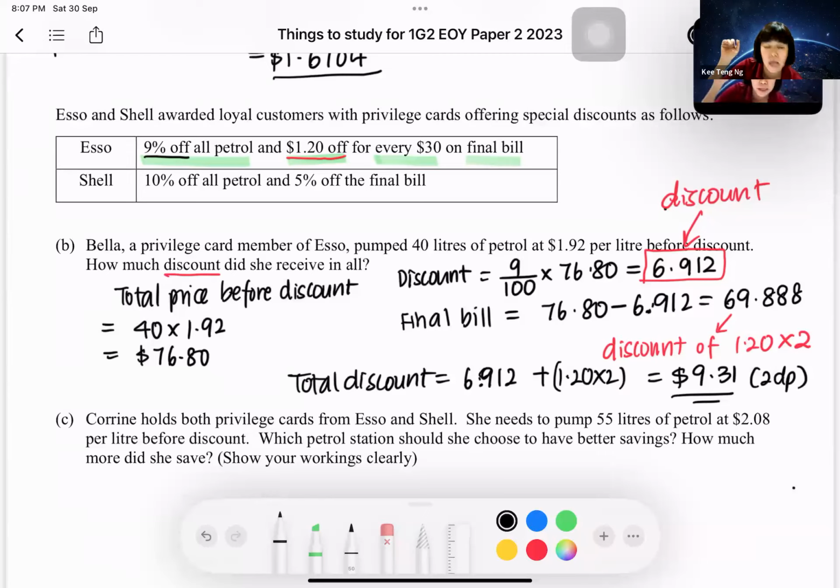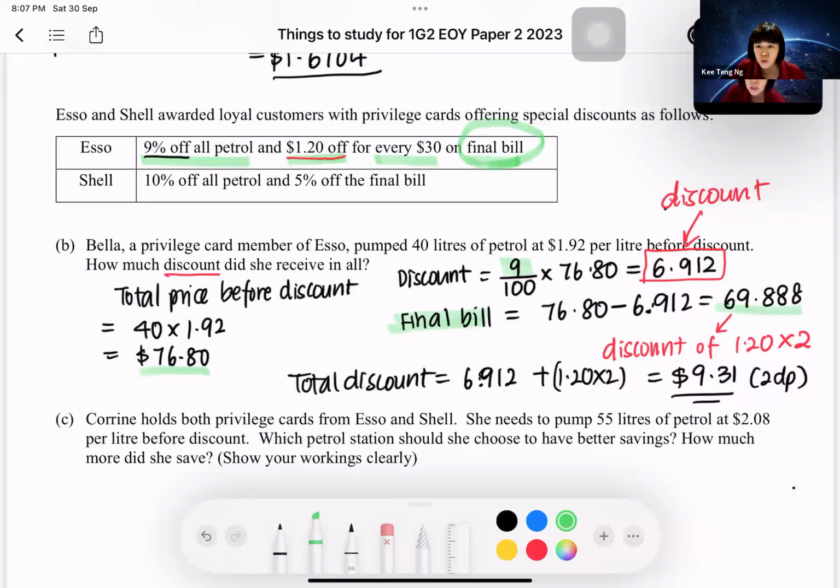Okay, so this question needs a little bit of thinking. We check again now. The question says 9% off all the petrol and $1.20 off for every $30 on the final bill. First I find the price, then I need to think about my discount. My discount was 9%. But then they want to see the final bill, so I minus away to know my final bill, which is this one.